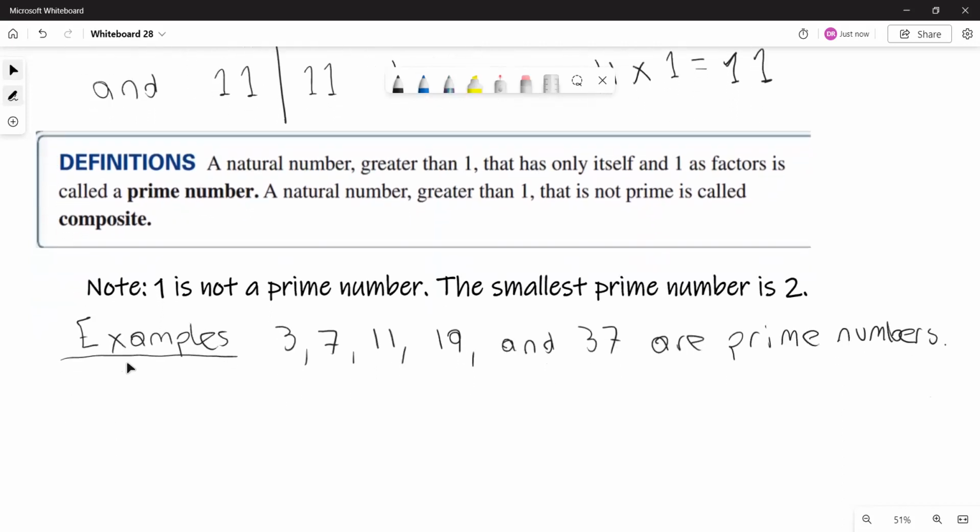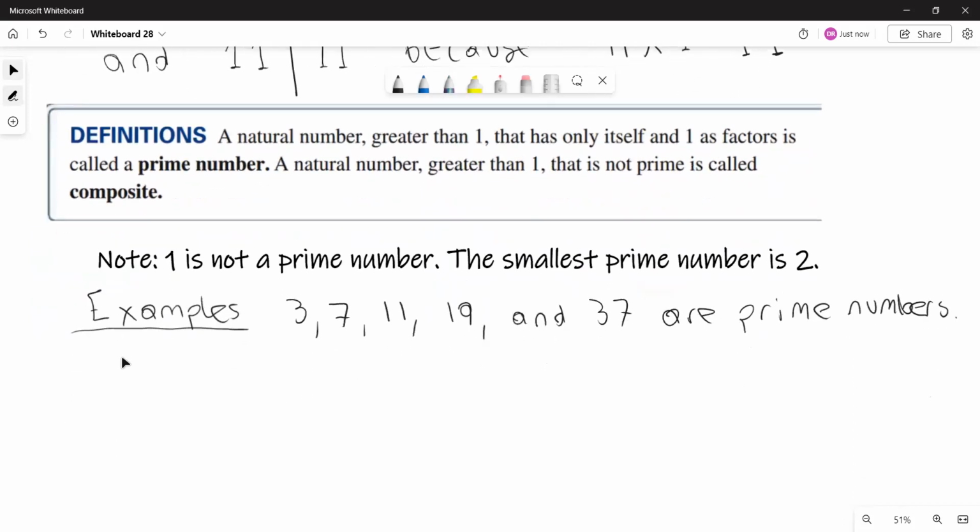And on the other hand, 42 and 88 are composite numbers.